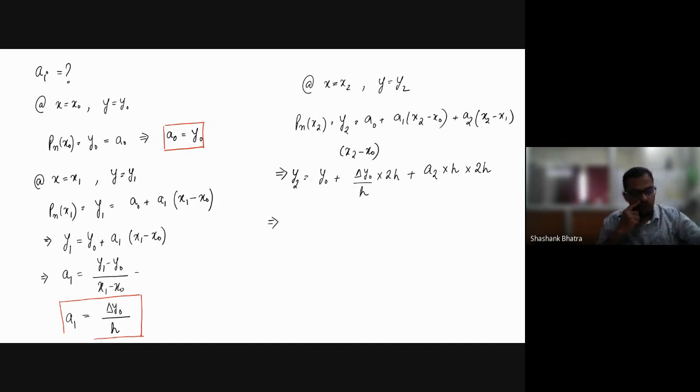If we look into this particular expression, here this h and h are cancelled out, and a2 will be y2 minus y naught minus delta y naught, which is y1 minus y naught, upon 2 times h square.